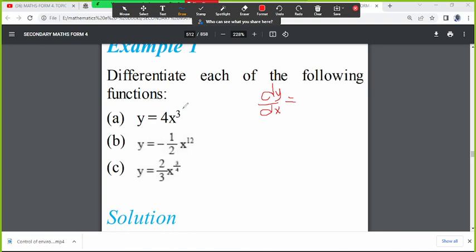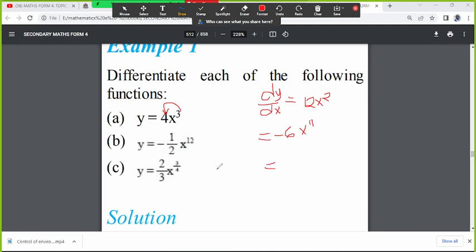So for this one, we simply multiply. Now the coefficient is not 1. So dy/dx will be equal to 12x to the power 2. The same case here. dy/dx will be 12 times this one minus 6x to the power 11.